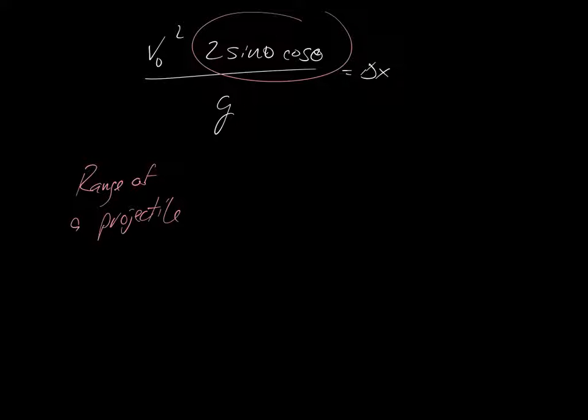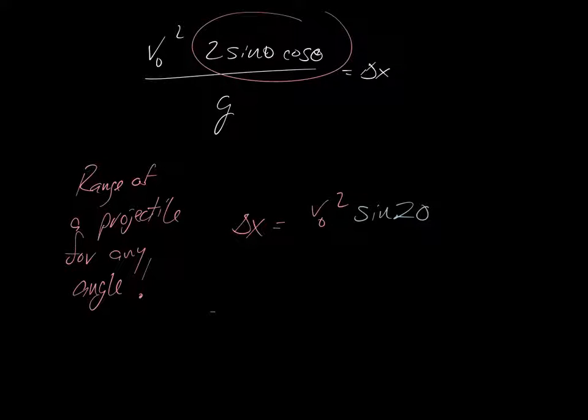Pretty cute how this simplifies for any angle. That's amazing. It's so simple. Range is equal to, this stays the same, and this becomes, here I'll make it blue so it highlights it, sine 2 theta over g.